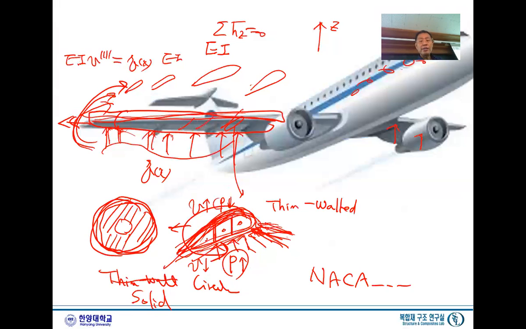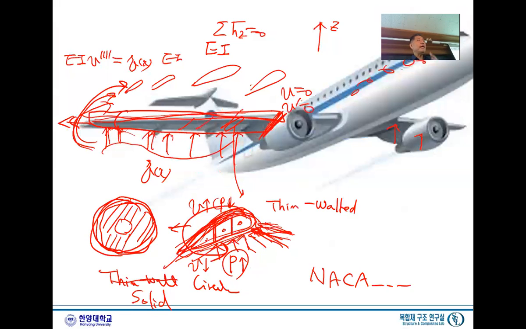Well, EI is changing, so actually we have to differentiate EI as well, but just for the purpose of simplicity, I just use EI and Q. There are boundary conditions, and here we have a fixed end. So we can say v equals 0, v prime equals 0, and at the other end the force is 0 and moment is 0. Again, 2 boundary conditions at each end. We have 4, and we can solve this one.